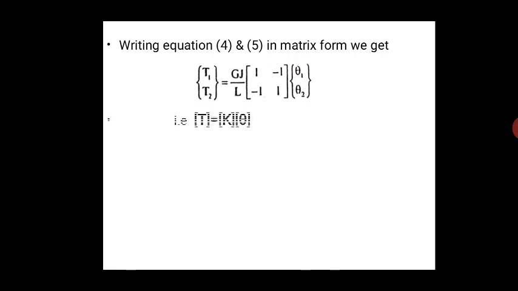That is, we can represent the equation as matrix T is equal to matrix K into matrix theta.